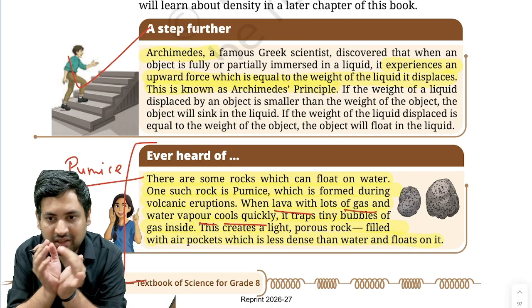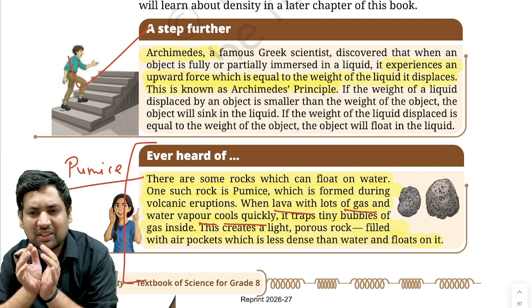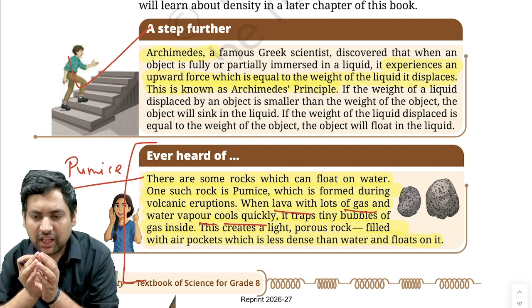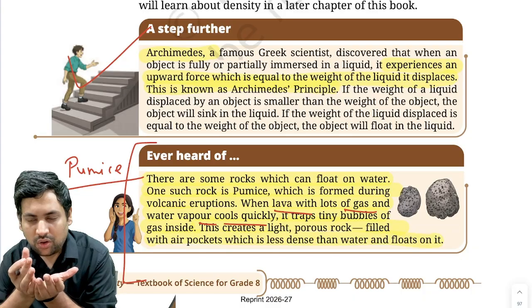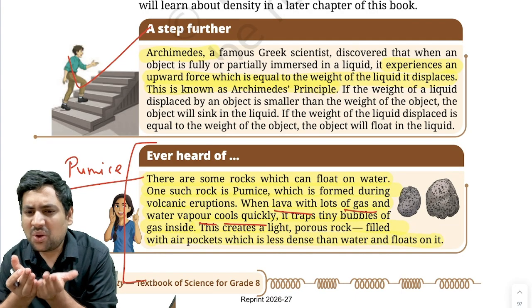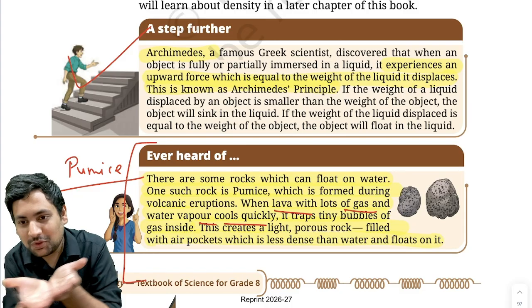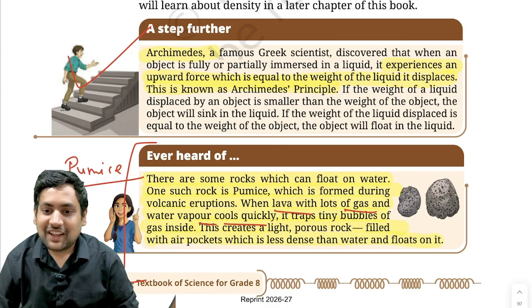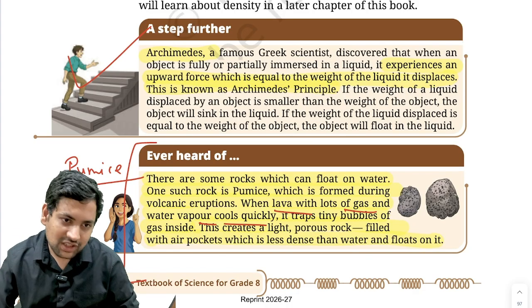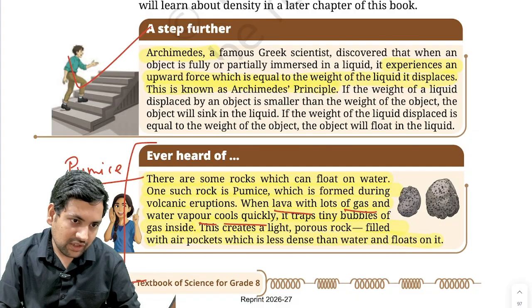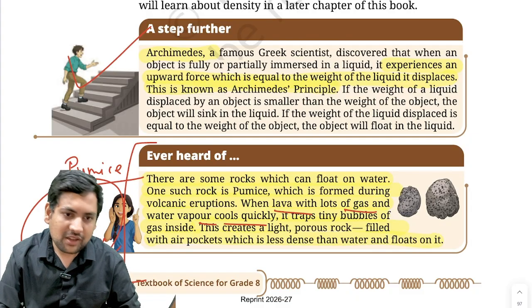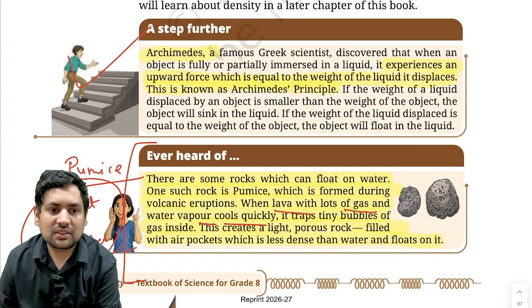Because of this, they get trapped there. Now, if gas and water is trapped, it is not of much weight, correct? So the stone or rock that you see here is not very dense, not very heavy. Because of which, it will float on water, correct? It won't sink. So these are the kinds of rocks that float on water. Why? Because their composition is such.